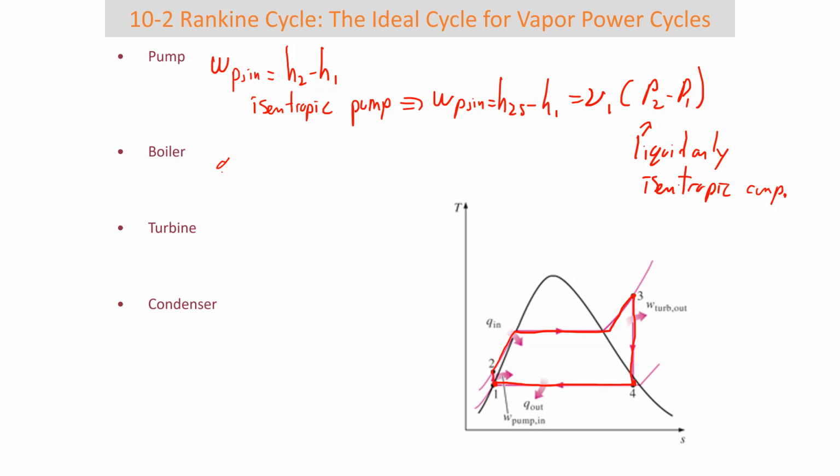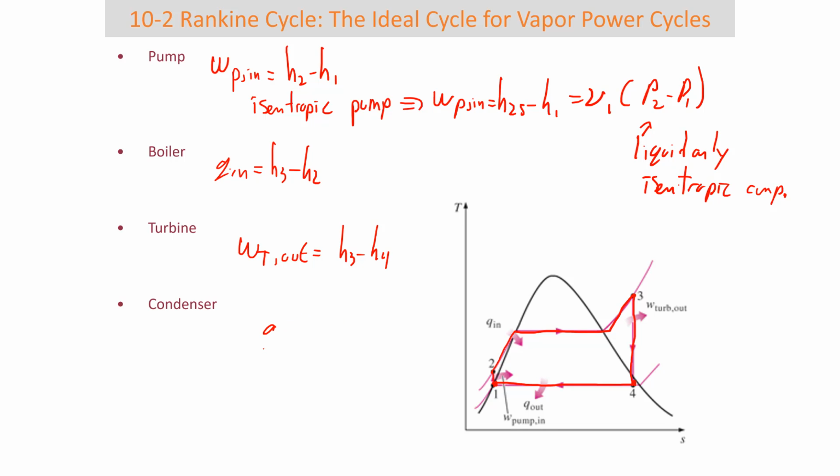In the boiler, that's a Q-in process, so the heat per mass would be H3 minus H2. The work out of the turbine per mass would be H3 minus H4.